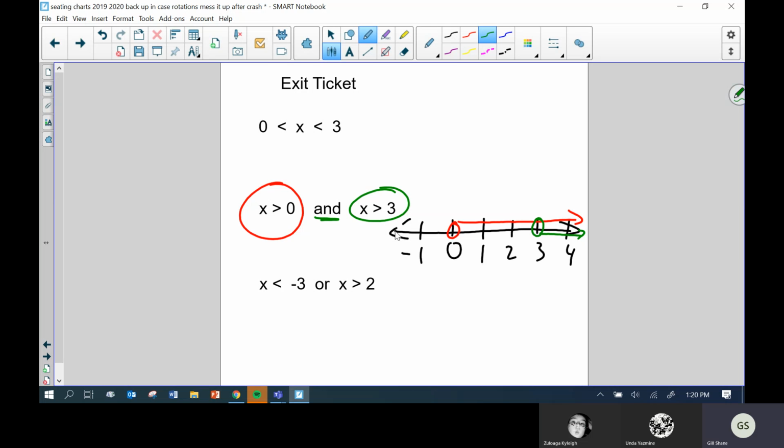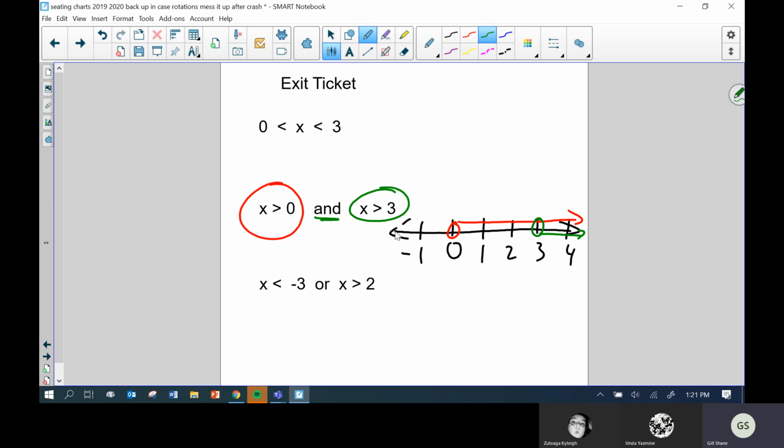And then the last one, like I said, is that little scenario where you do an "or." You graph both of them individually, and then you just leave them there. They're both possible solutions. So if you just graph both of them individually, you're going to be good. Remember, a lot of kids in the other class thought this top one meant x had to be less than 3 and less than 0.